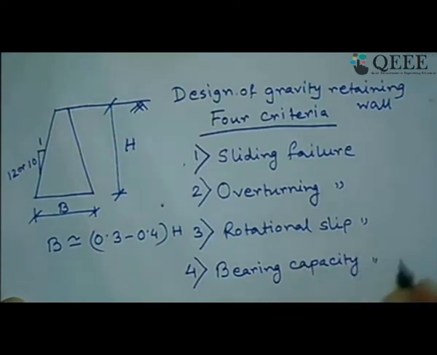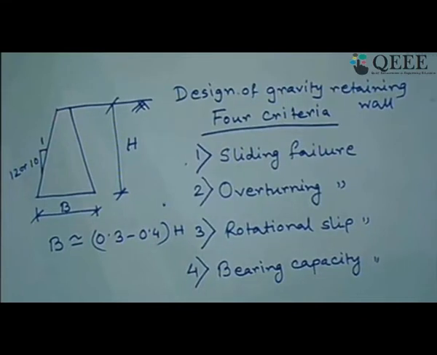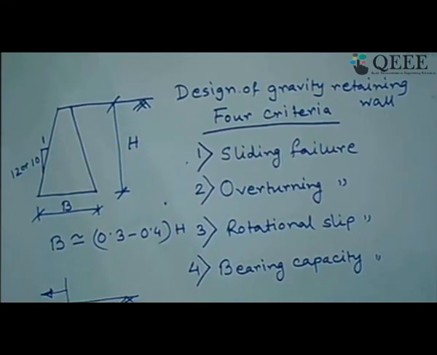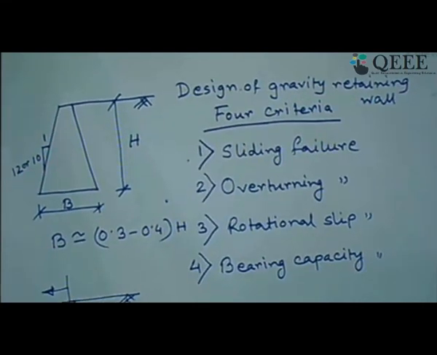So how these things come into the picture for the stability of a gravity retaining wall, let us look very quickly and in a simplified fashion at what happens for each of these criteria. Sliding, as I said: suppose I am designing for the active state, where the movement of the wall is in this direction, and for all practical purposes you will have some amount of embedment, because you need that for stability.